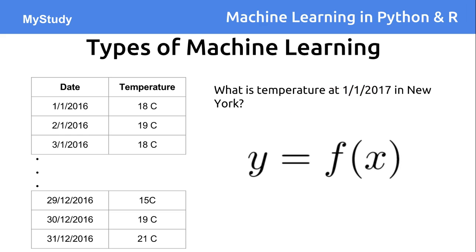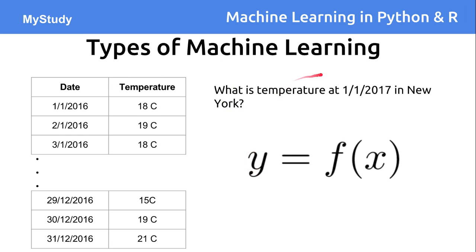So let's try to define this problem in a mathematical way. We are very much used to the notation y = f(x), where f is the model of the data x and y. x is the independent variable and y is the dependent variable.